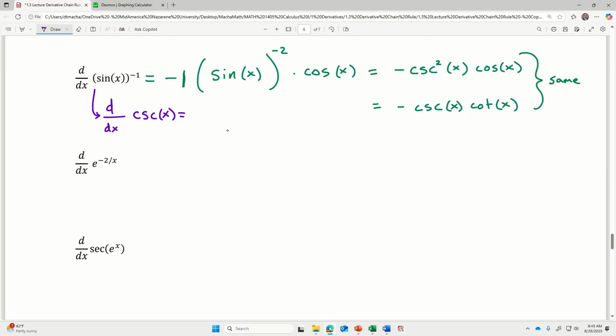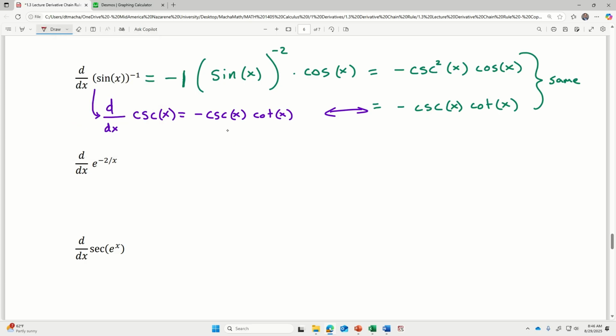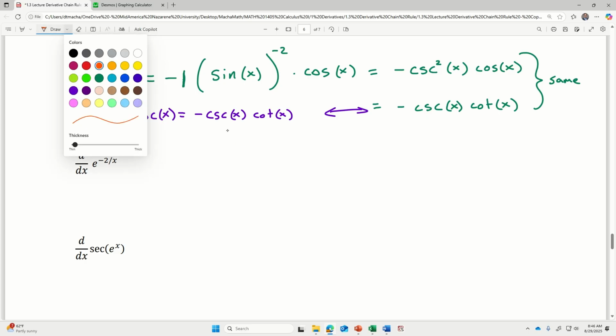And the derivative of cosecant, I think on your page where you have it memorized, is negative cosecant times cotangent. And so if you have that memorized, you'll notice it should be the same thing. It doesn't matter what way you take the derivative, it should give you the same result. So that way you don't have to use the chain rule if you don't like the chain rule. But you eventually do have to use the chain rule, so you might as well just use the chain rule, I guess.